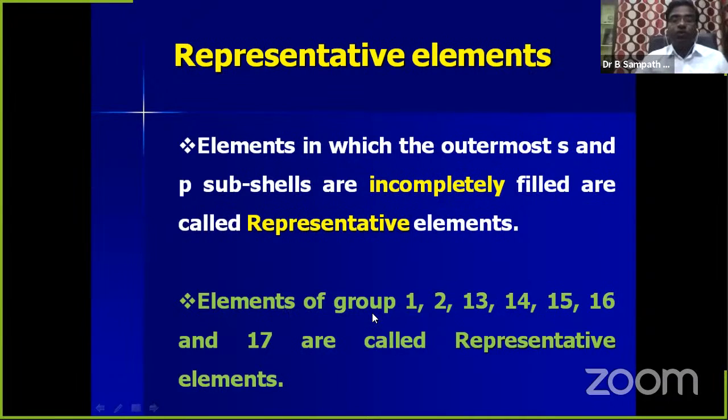The elements of group 1, group 2, and groups 13 to 17 are called representative elements. Actually the S and P block elements are called representative elements, except the 18th group, because the 18th group comes under inert gas elements. Except the 18th group, the S and P block elements, that is groups 1 and 2 and 13 to 17, are called the representative elements.